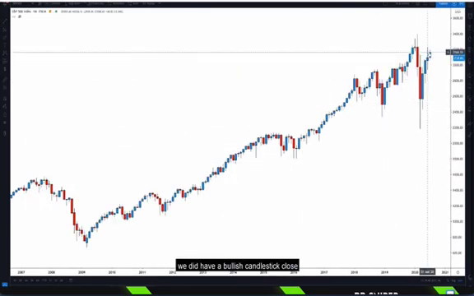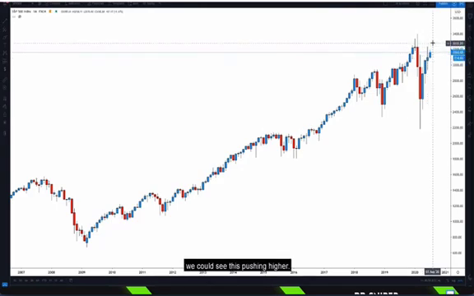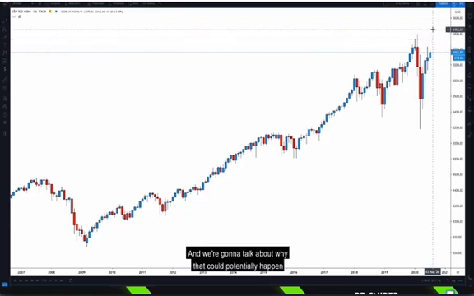And then monthly chart, we did have a bullish candlestick close for the month of June. So if we were to speculate on what price was likely going to do, at least over the next couple of months, potentially even heading up to the election, we could see this pushing higher. And we're going to talk about why that could potentially happen when we shift into the topic of divergence.